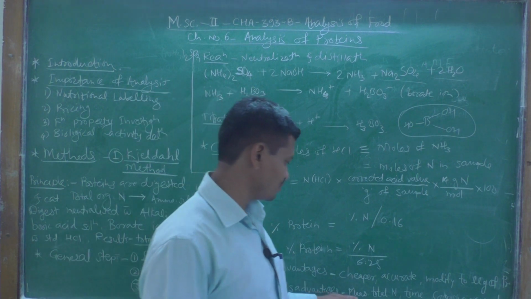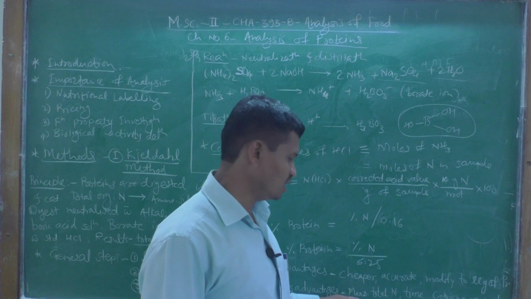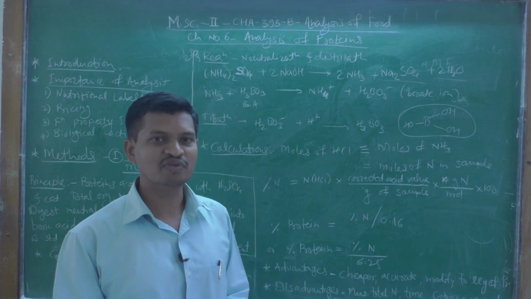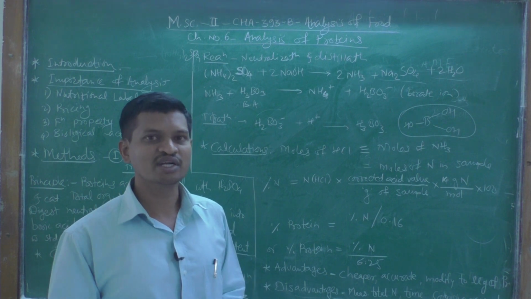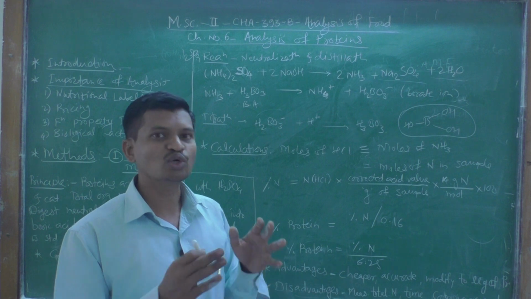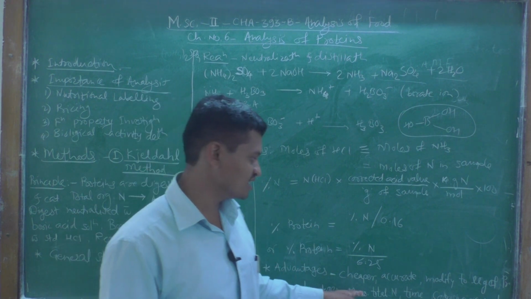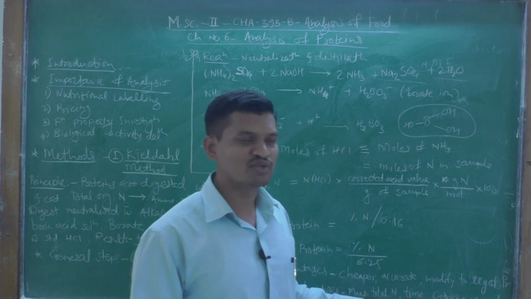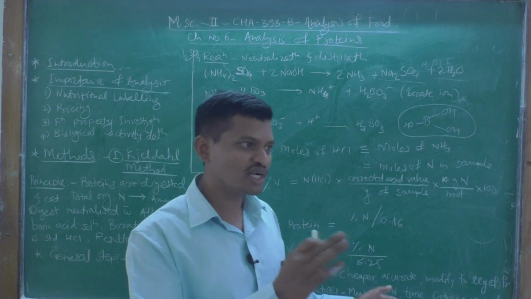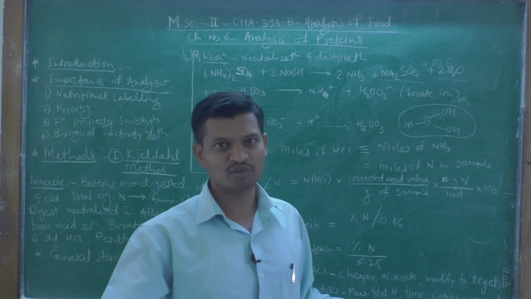The first one is that, as it is a vigorous reaction between the sulfuric acid and the nitrogen content of the protein of the food sample, it measures the total nitrogen content of the food sample. This is generally not required, as we require the nitrogen content belonging to the protein part of the food sample.